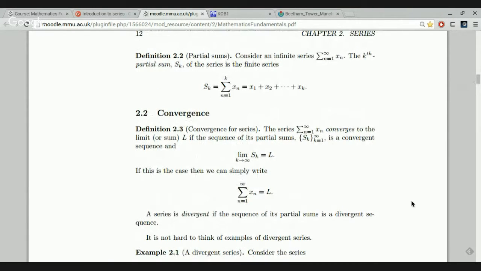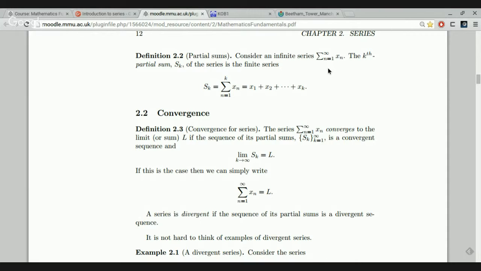Now, we develop what that means with some more terminology, and this is the partial sum. Suppose we're talking about an infinite series, adding up from n equals 1 to infinity the elements xn. We can talk about the partial sums of that infinite series. The partial sums are finite sums, adding up a finite collection of objects.